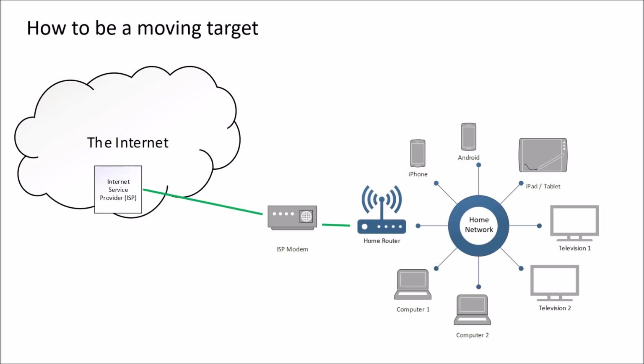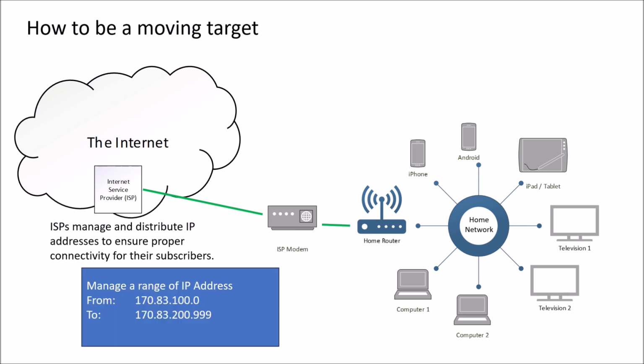So let's take that example again, and now we'll talk about how to become a moving target. As we're connecting to the internet with our internet modem and our home router, when we power on our ISP modem, it's connecting to our internet service provider and saying, hey, I need an IP address to the outside world, right?